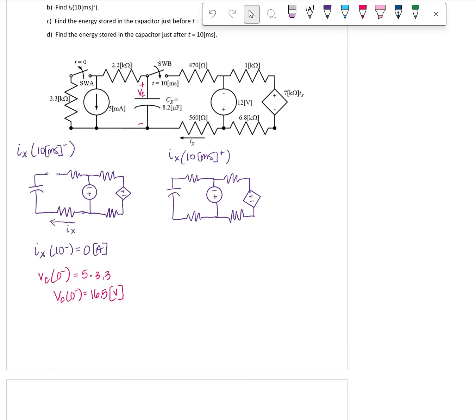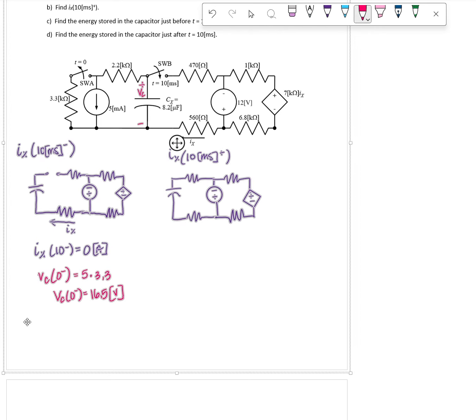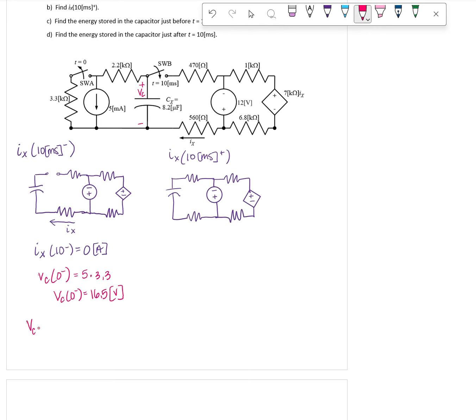In order to solve for VC, I'm going to use 1 over the capacitance times the integral from 0 to 10 of the current, plus the voltage at t naught. So I'll have the capacitance, minus 5t from 10 to 0.